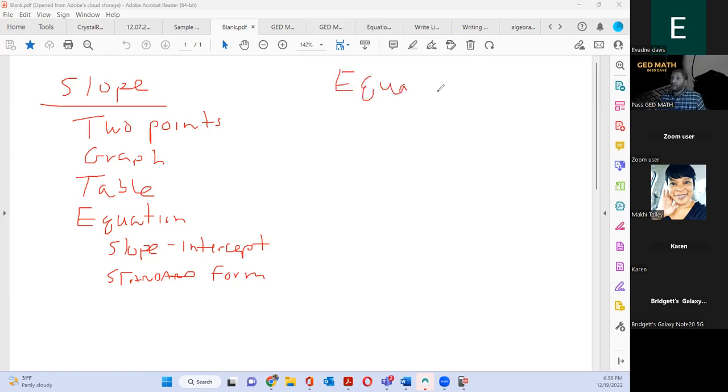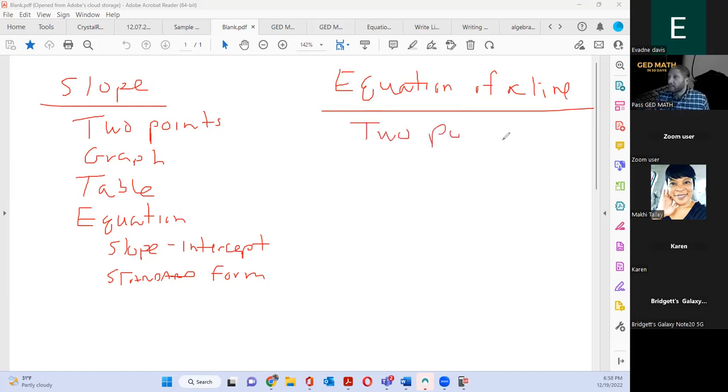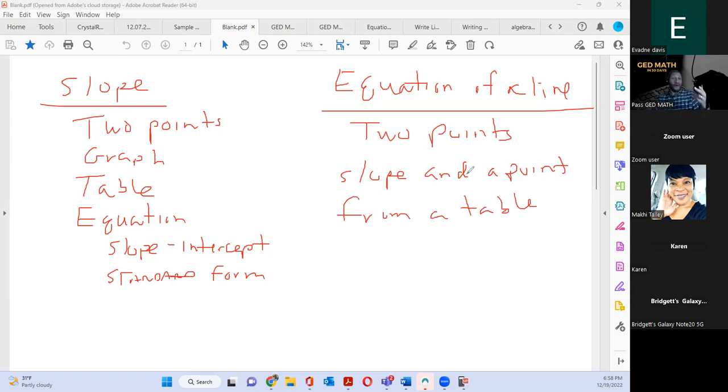Because not only will you have to find slope, you're also going to have to find the equation of a line. You're going to have to find the equation of a line from 2 points, given a slope and a point, from a table, and the equation of a line of a parallel or perpendicular line.